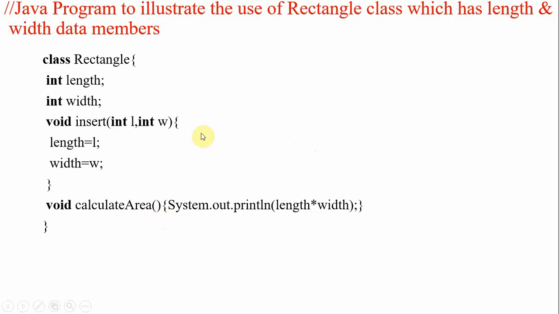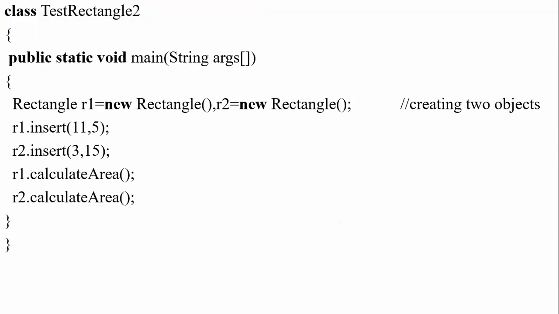Just an example class program. Rectangle class, length and width are the two variables. Insert is a method where we are passing the values. Calculate area multiplies length with width. We have to specify the main method in a separate class.